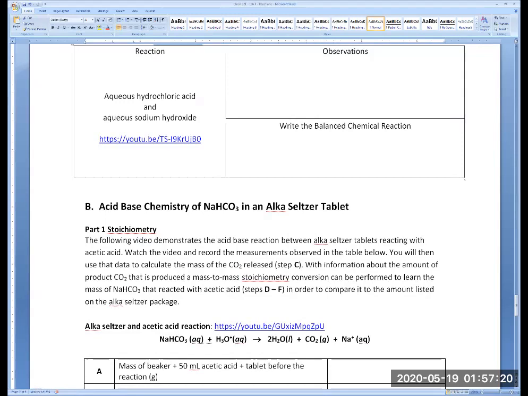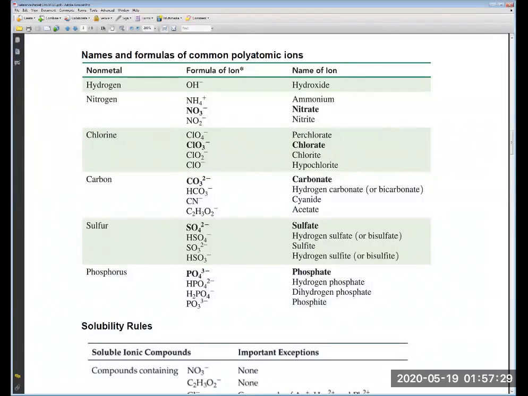Because if you look at the list of polyatomic ions, HCO3 negative one is hydrogen carbonate or bicarbonate, right? You can use both names to call it. So when it's with sodium, Na+, it makes sodium bicarbonate or sodium hydrogen carbonate.